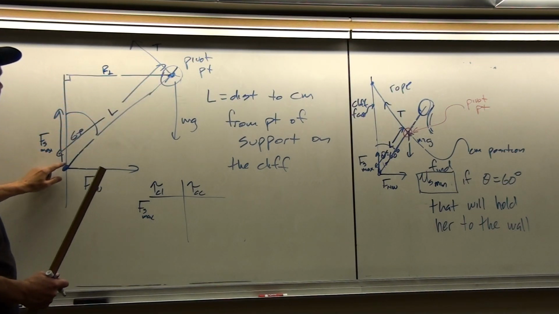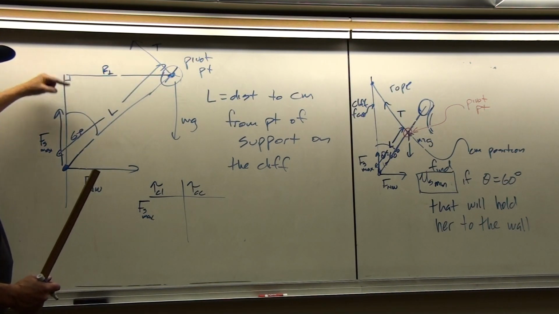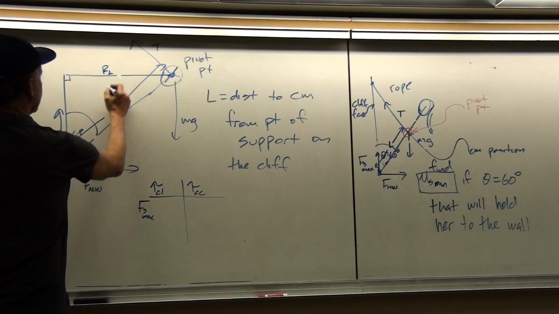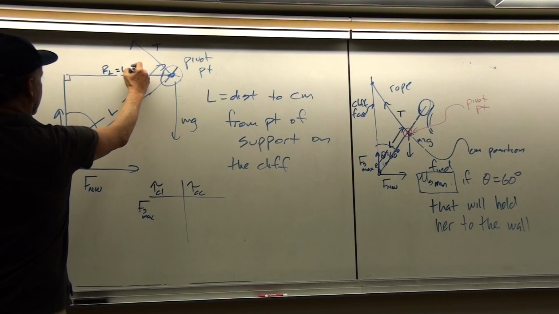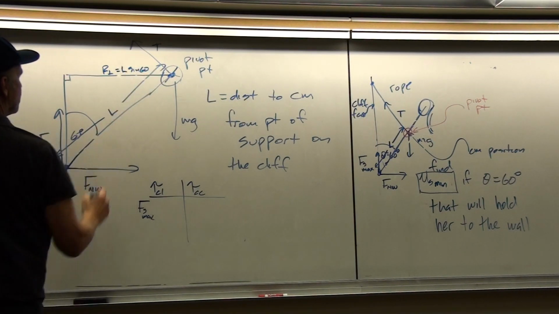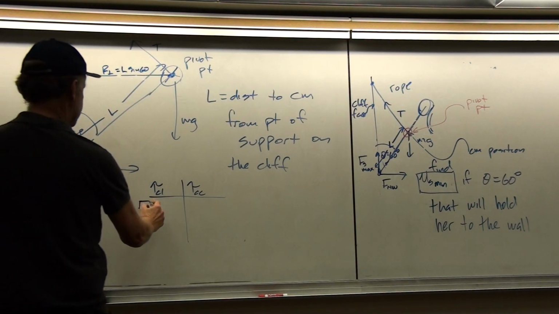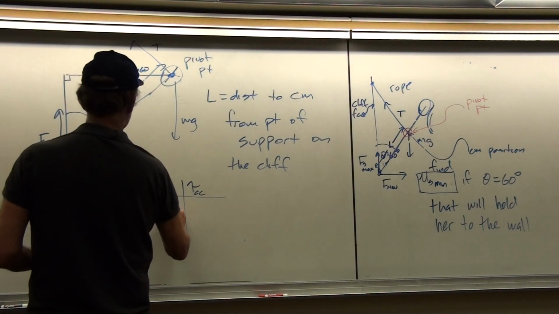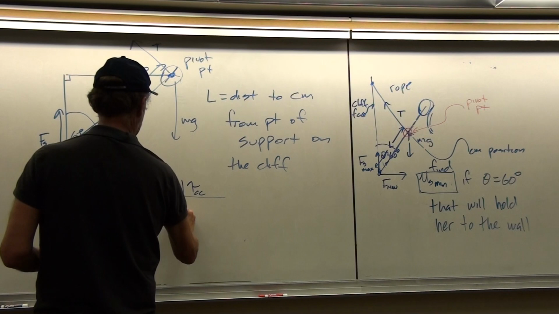So this is R perpendicular to F. R perpendicular is going to be equal to L times the sine of 60. So we have F static max times L sine 60.